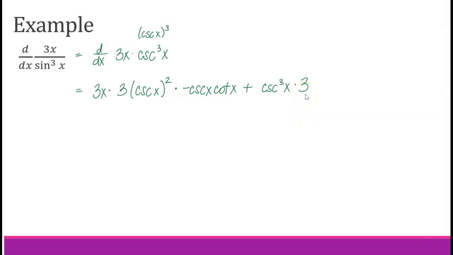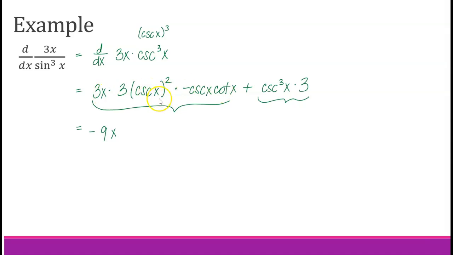All right, so let's simplify each term here first, just to kind of see what's going on. I do have a negative 9x, so I have this 3 times 3, I have this x that's here.